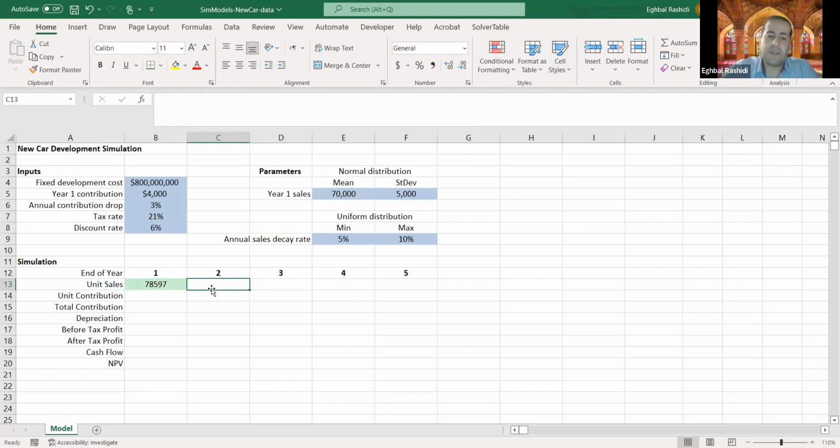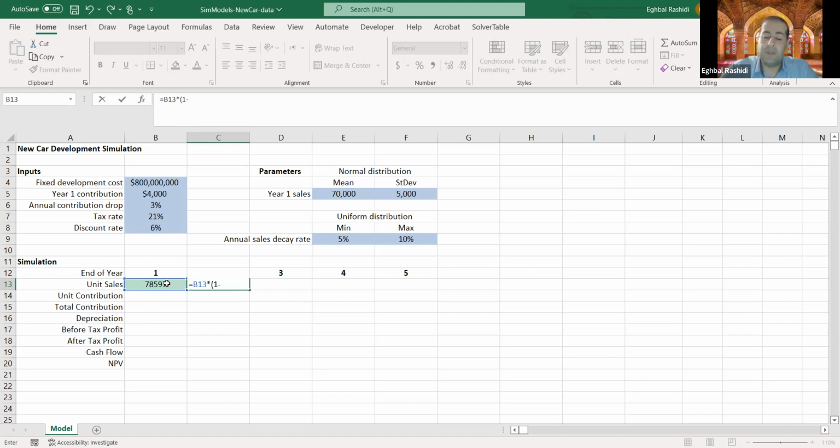The next year, the second year, it follows also a normal distribution, but it's going to be discounted by following a uniform distribution. So this is going to be this one multiplied by 1 minus the uniform distribution value.